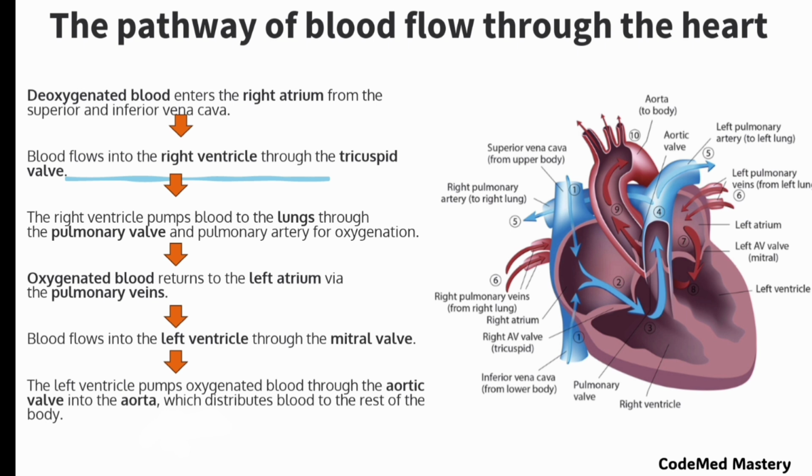Next, oxygenated blood returns to the left atrium via the pulmonary veins. Next, blood flows into the left ventricle through the mitral valve. And lastly, the left ventricle pumps oxygenated blood through the aortic valve into the aorta, which distributes blood to the rest of the body. So this is the pathway of blood flow through the heart.